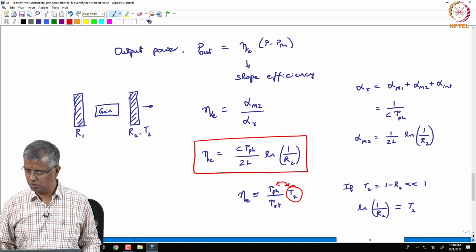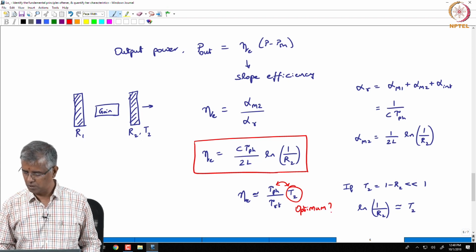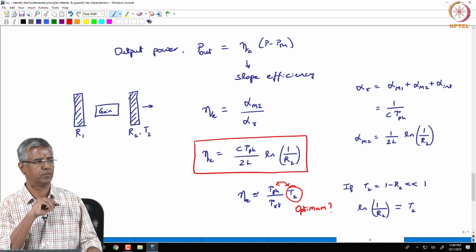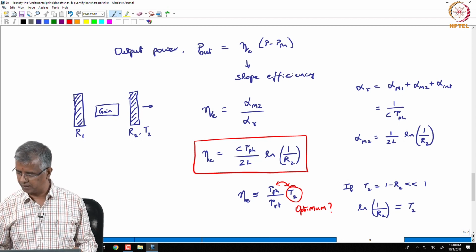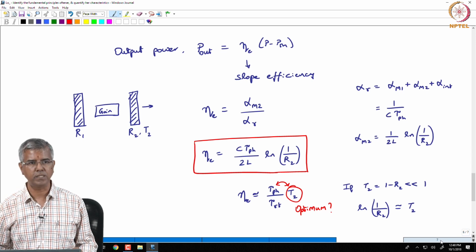So there is an optimum value for T2 which you need to figure out. So, let us try to figure that out. Any questions up to this point?